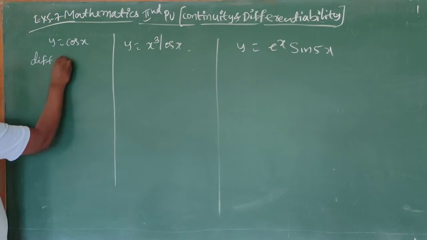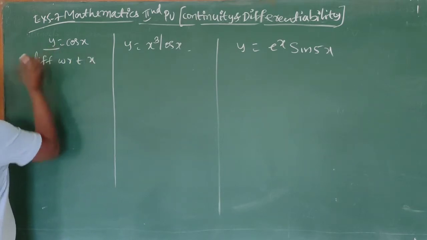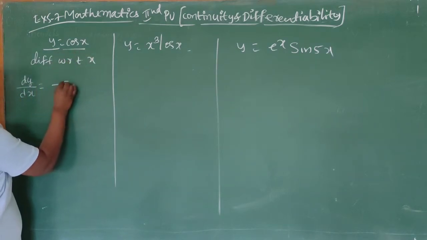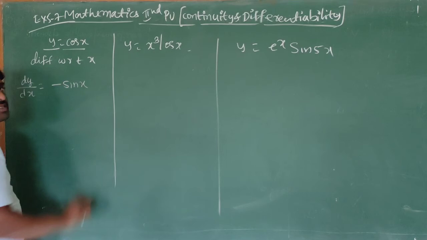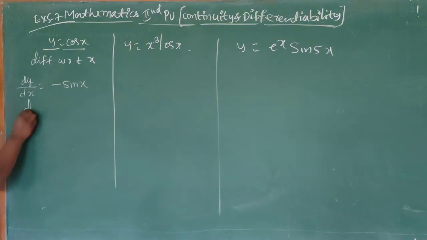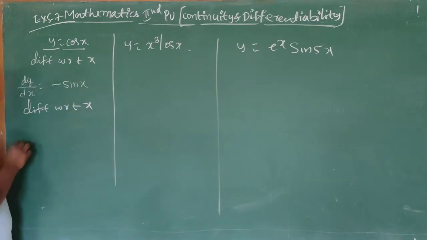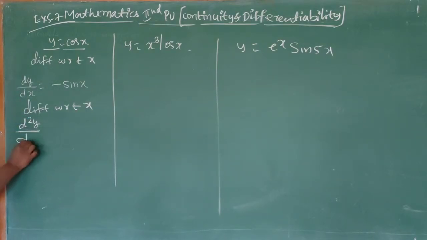Differentiate with respect to x. y differentiation is dy by dx. Cos x differentiation is minus sin x. We again differentiate with respect to x. dy by dx differentiation is d square y by dx square.